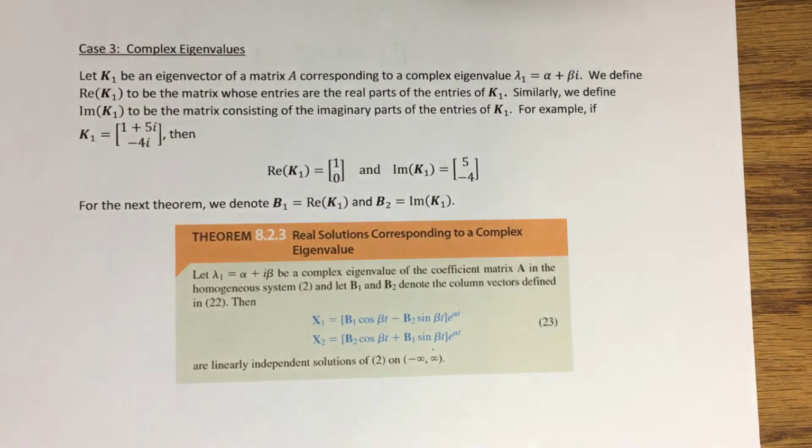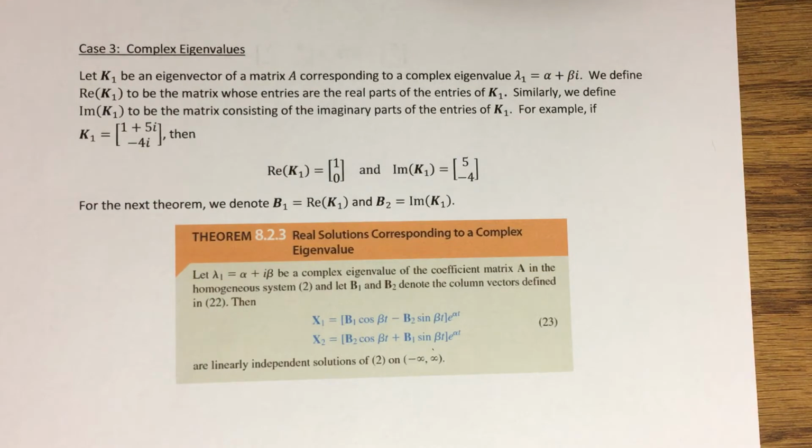Our third case deals with complex eigenvalues. Now, your book does a much longer derivation of this result than I'm going to do. I'm skipping that derivation for a couple of reasons. One is that it's very long, and this is already a long section, so it's partially to save time.